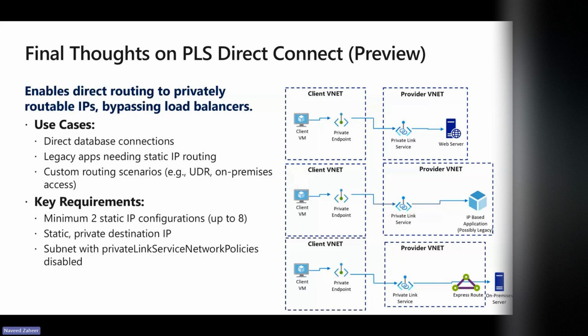It has to be static. And as far as I know, there is a limit of 10 gigabytes per second for the throughput at the moment. And you have to follow certain guidelines, enable a feature flag, and disable private link service network policies for this to work.